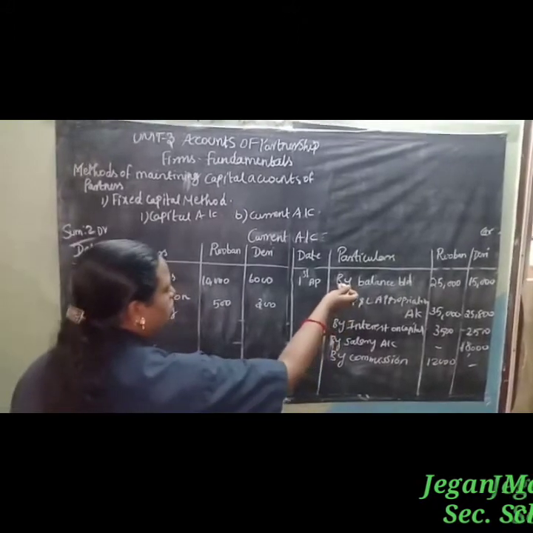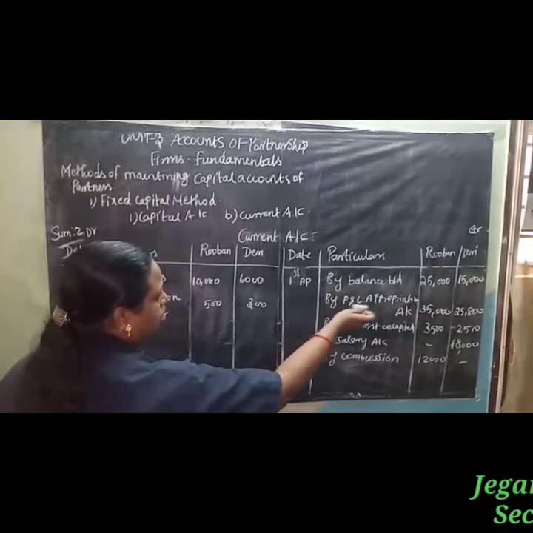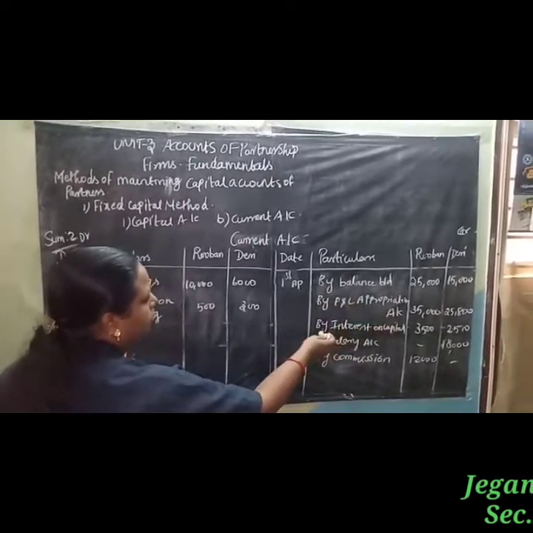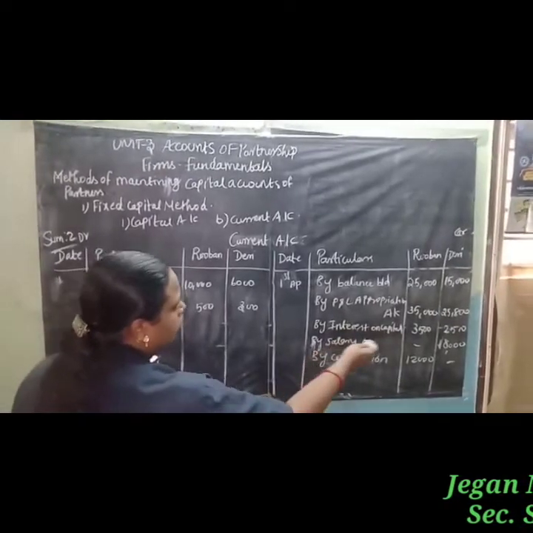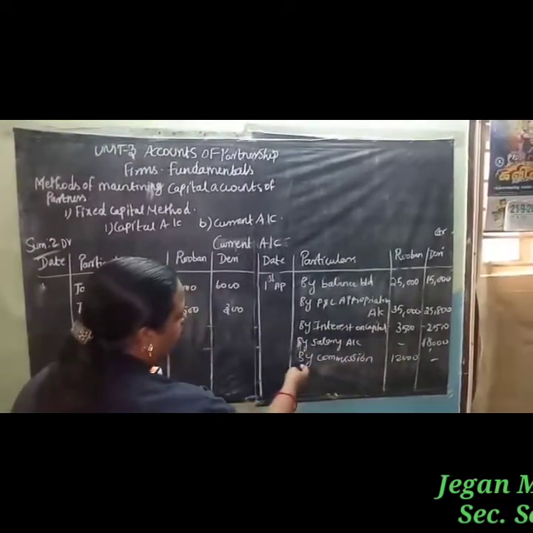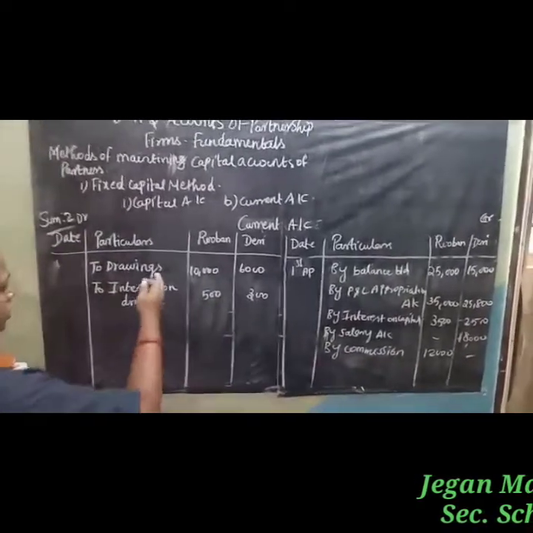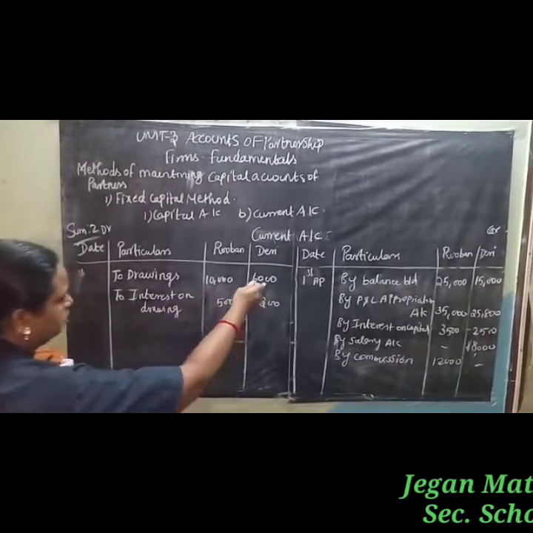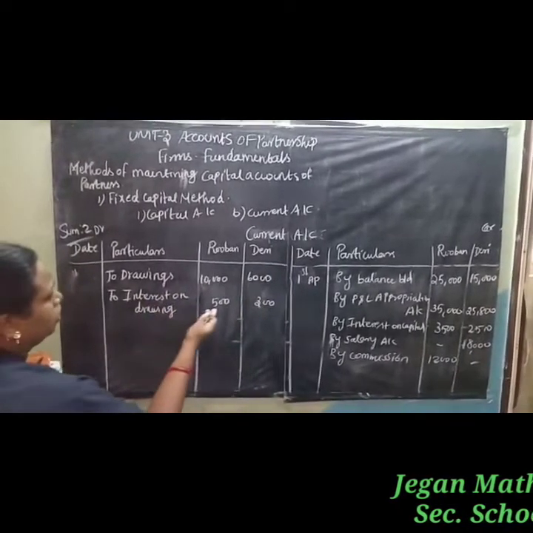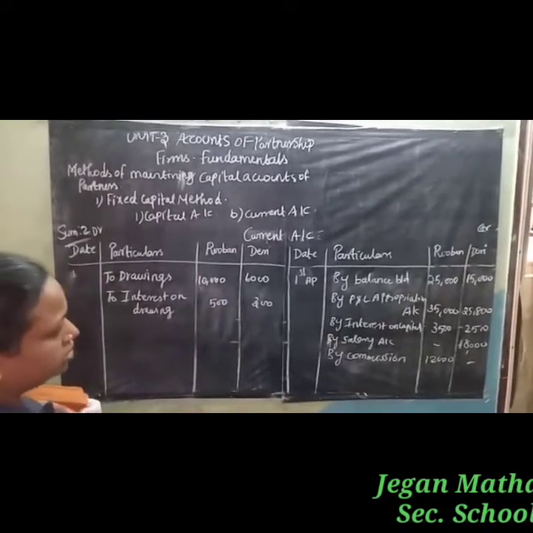So on the credit side: by balance brought down, the current year balance; then by profit and loss appropriation account 35,000 and 25,800; by interest on capital 3,500 and 2,500; salary only for Derry 18,000; by commission only for Reuben 12,000. Then on the debit side we write drawings 10,000 and 6,000, and interest on drawings 500 and 300. Which side is more, we have to check.